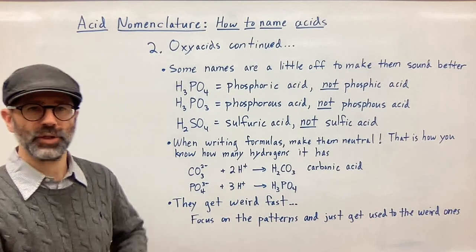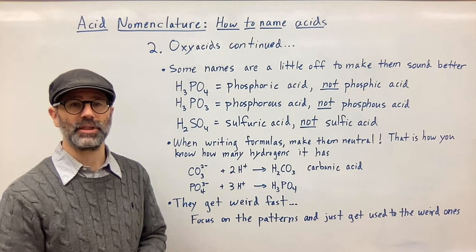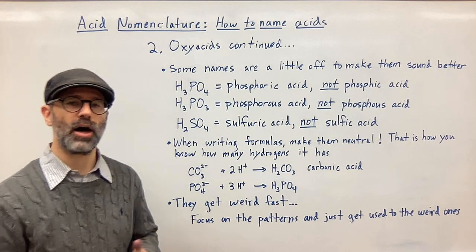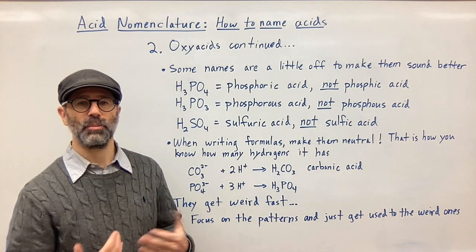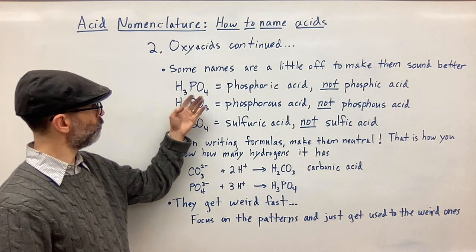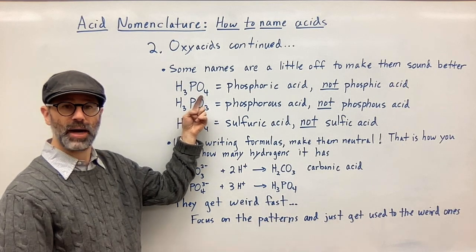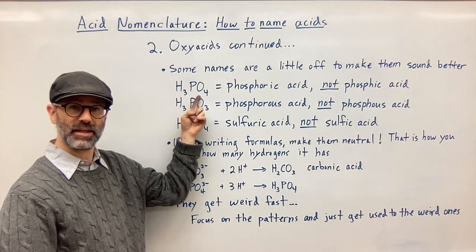Okay, so continuing with oxyacids. There's some names in oxyacids that are a little off, and that makes them sound better. So for example, if you have H3PO4, this is an acid. Notice that we have the polyatomic ion phosphate.